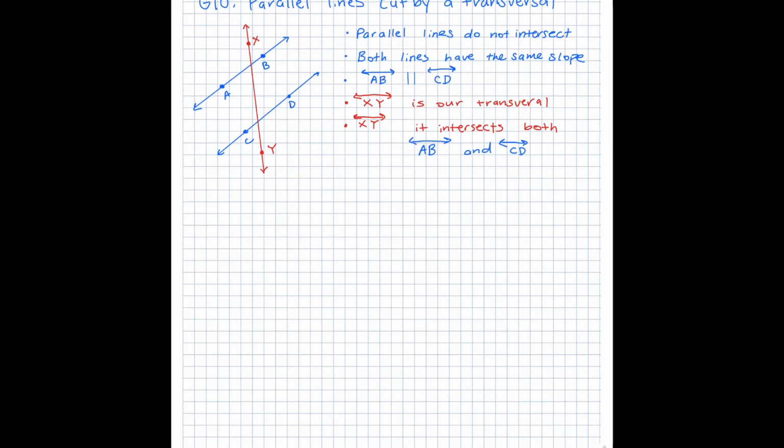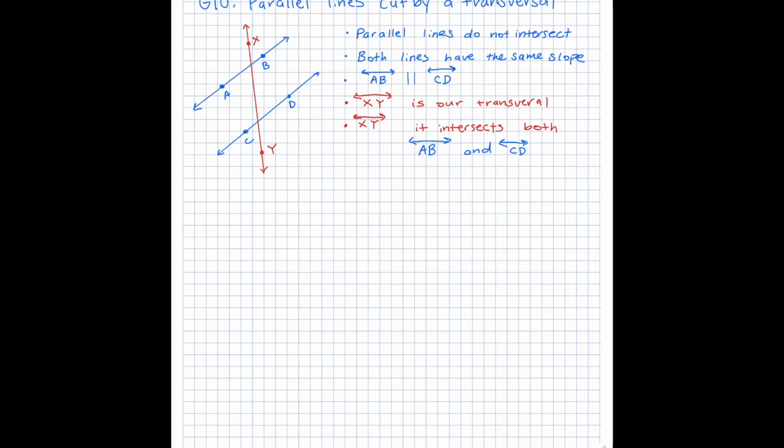So we have two parallel lines cut by a transversal. There's this line that intersects both line AB and CD. That line is XY. XY is our transversal.